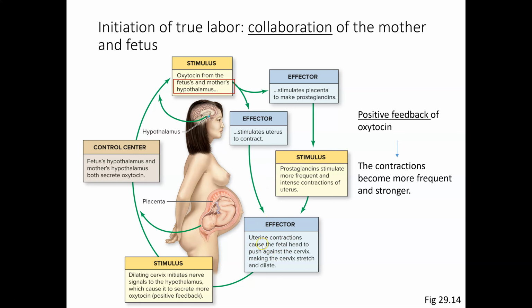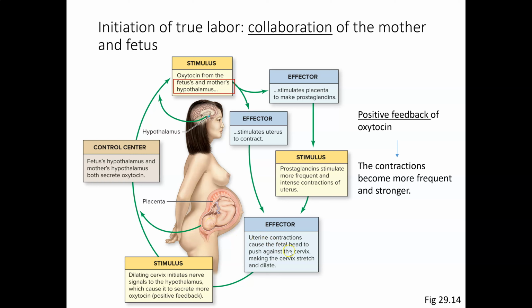The effector is the uterus here. So the uterus is going to contract even more. You're taking a double whammy. And then the contraction of the uterus is going to push the fetus down towards the cervix.